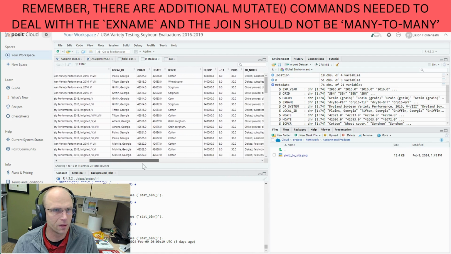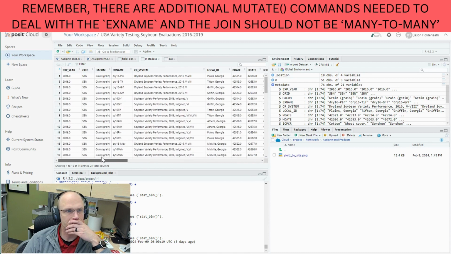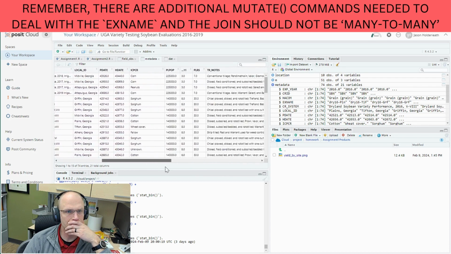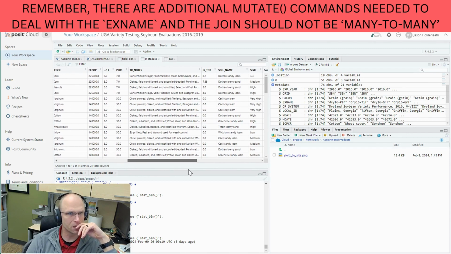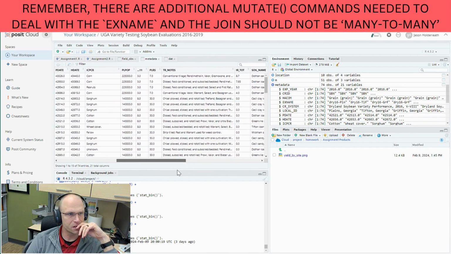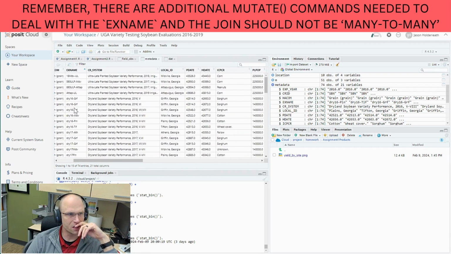Worth looking. So last time we were able to kind of ignore this. So here we have dry 16, GRF.